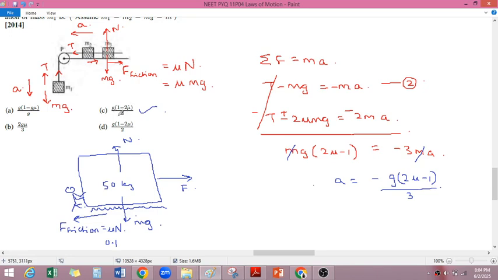So even if you don't have any friction at all, the acceleration will be g by 3. If you had friction, then the g by 3 value will actually reduce. It will be moving down very slowly, right? Which means this value will increase, which means this value will decrease. So the g by 3 value will actually decrease.